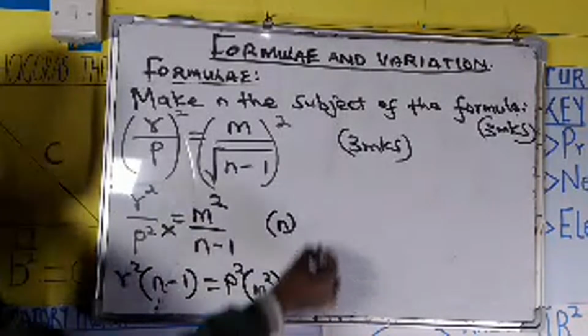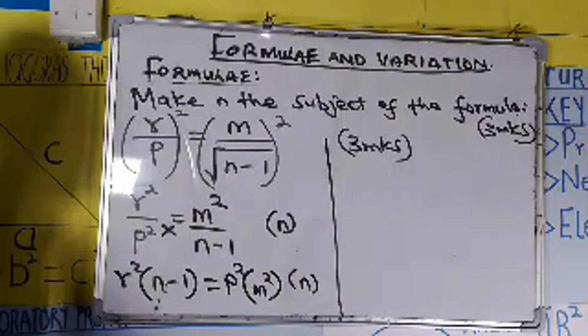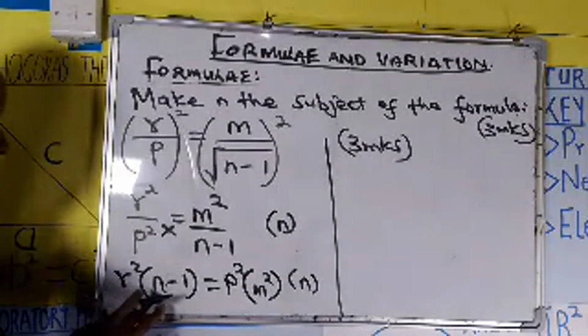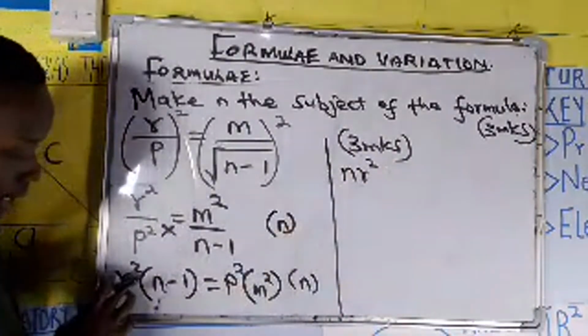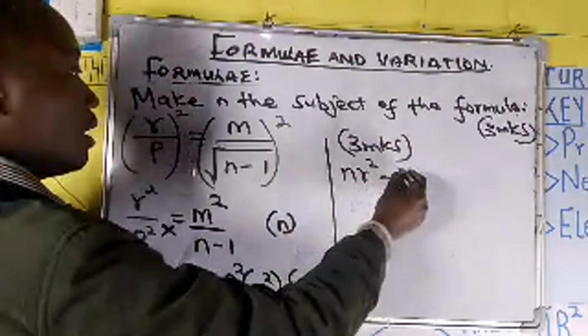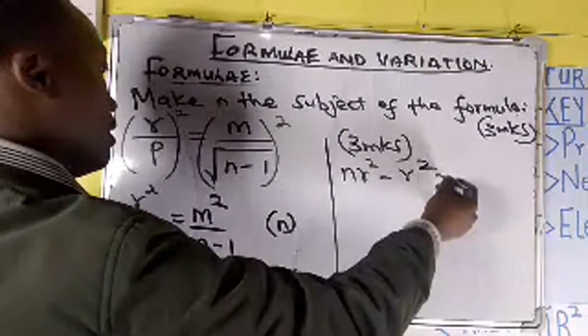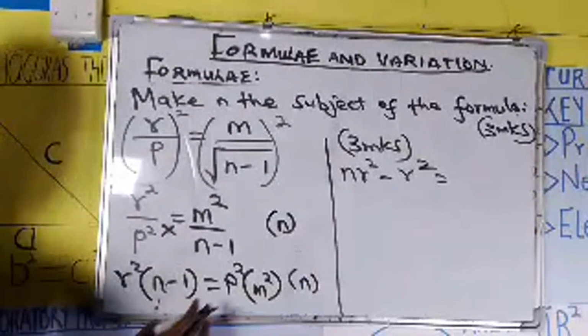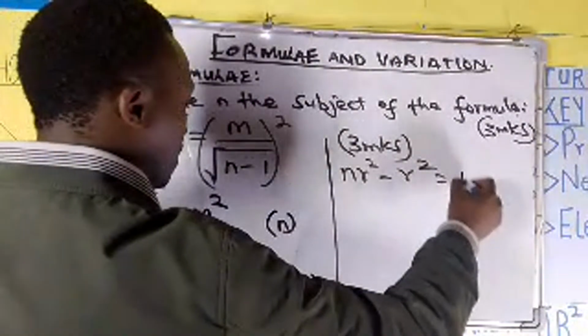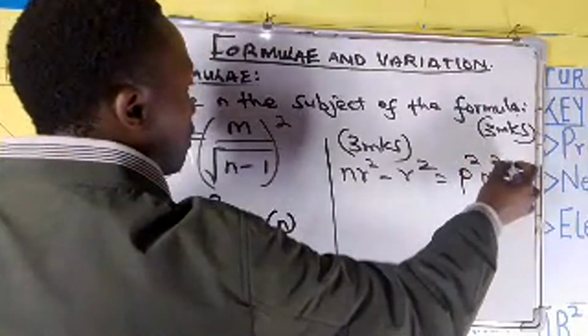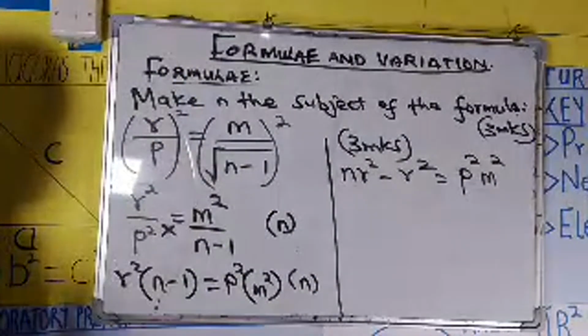And remember, we are making n the subject of our formula. So r squared times n is equal to n r squared. Then r squared times 1 is equals to r squared is equals to, when we multiply this one, it is going to be p squared m squared.